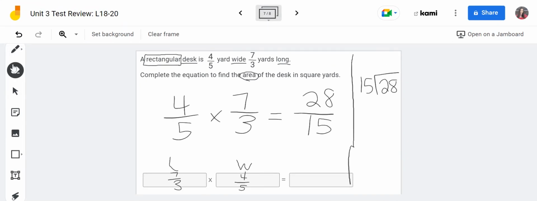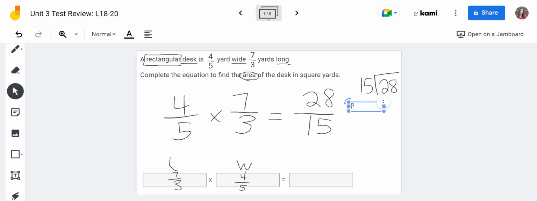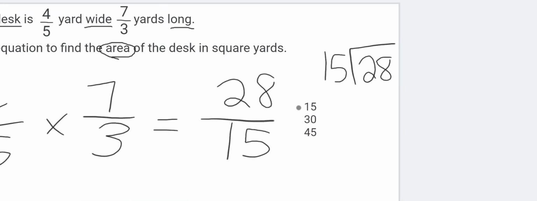And I want to take a moment to skip count by 15 and list some of the multiples. And I don't have to list too many. I notice 15, 30, 45. And I'm going to stop there because I know I have one factor, 2, 3.